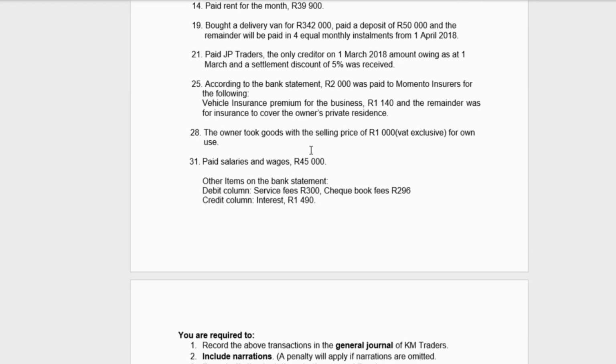Other items on the bank statement is a debit column, service fees 300, checkbook fees 296. Those are our bank charges, so we're just gonna add them and record them in the general journal accordingly. And then credit column, interest 1,490.